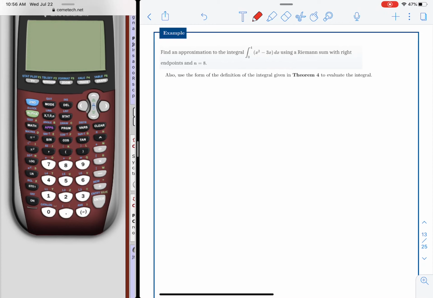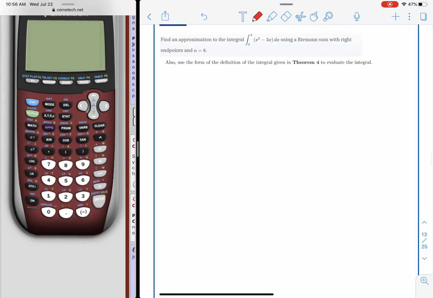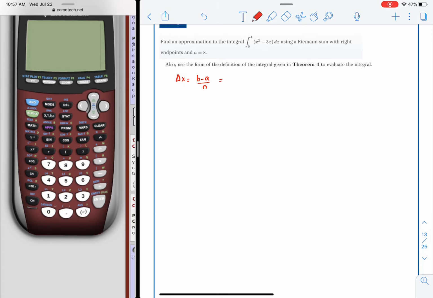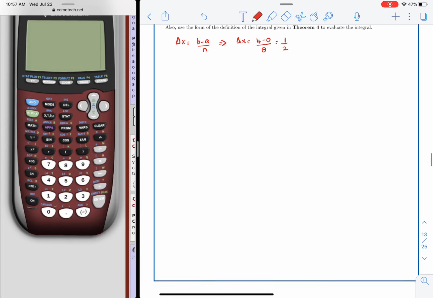Clearly, using the definition in Theorem 4 and evaluating the Riemann integral is going to give us the exact value of the integral. So delta x in this case is b minus a divided by n. They have specified n is equal to 8. This would mean delta x is equal to 4 minus 0 over 8, which is 1 over 2.